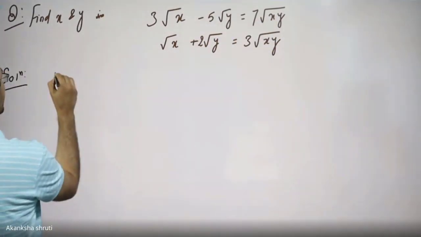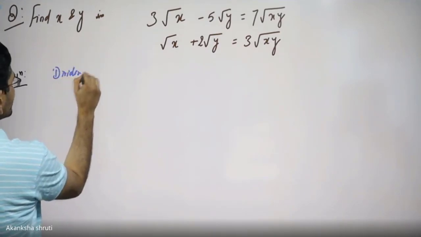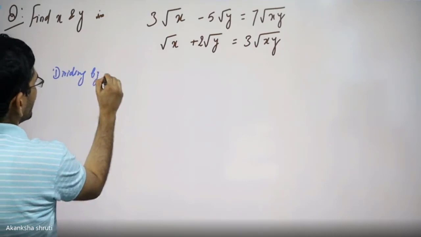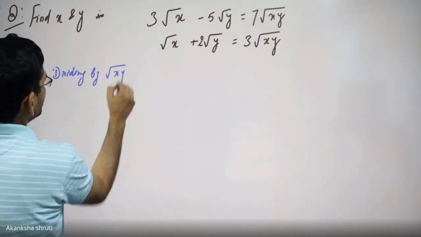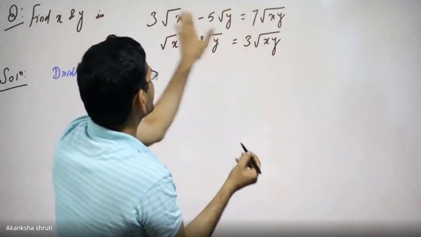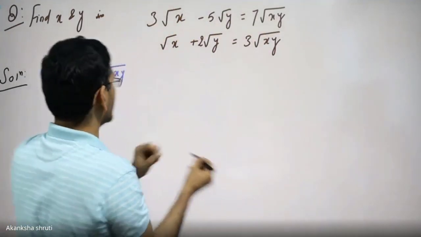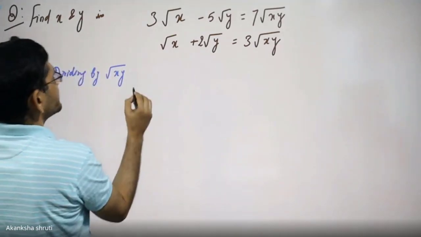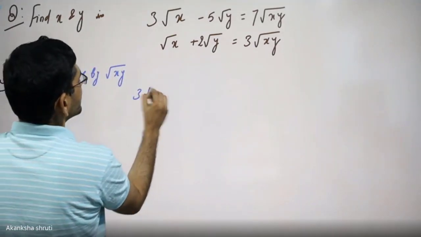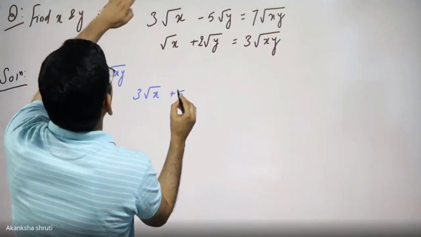So dividing by under root xy. The purpose is to bring this x and y at one place only so that substitution can be done easily.